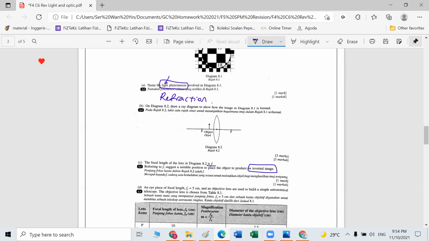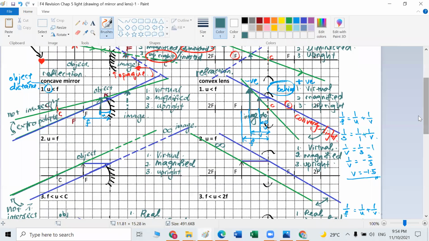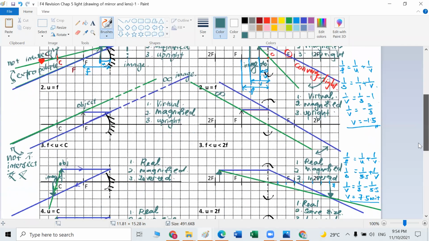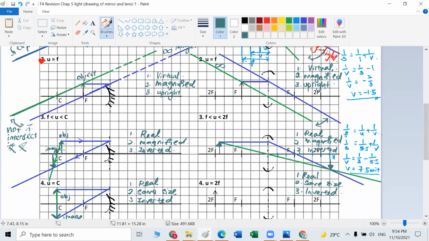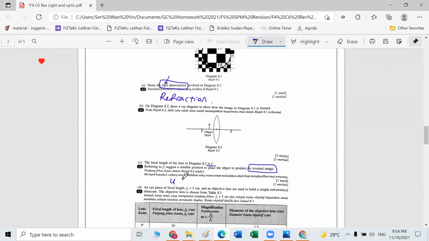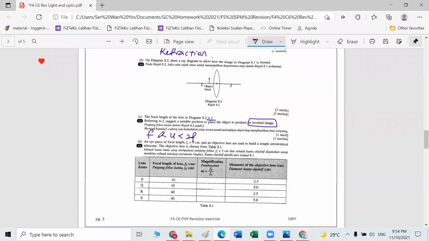So we can check back our ray diagram. Inverted, it's in between f and 2f. So we can say in between f and 2f. Yeah, in exam you can write like this because F, U, V is the international symbol. So you can just write the symbol.